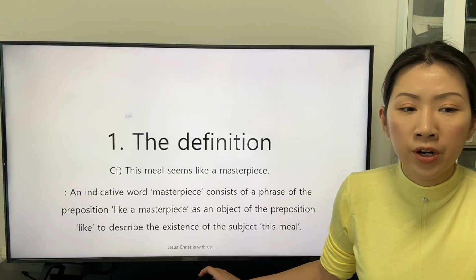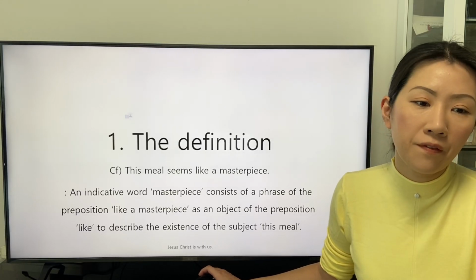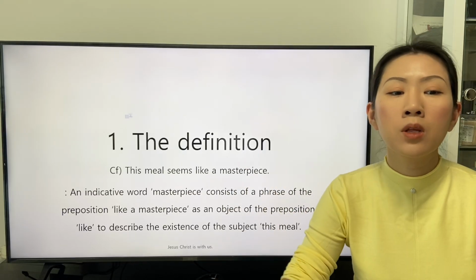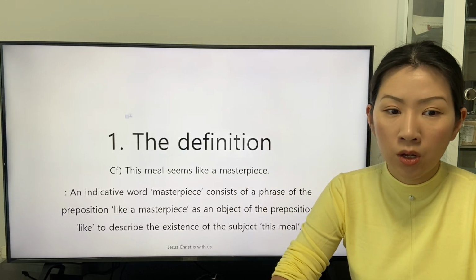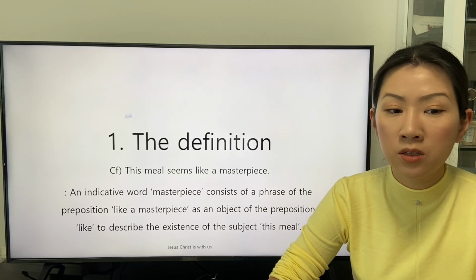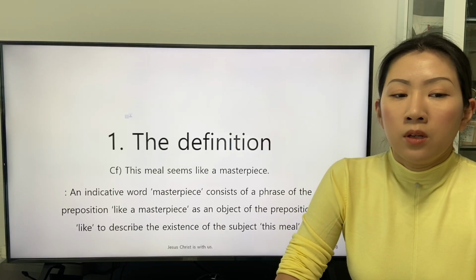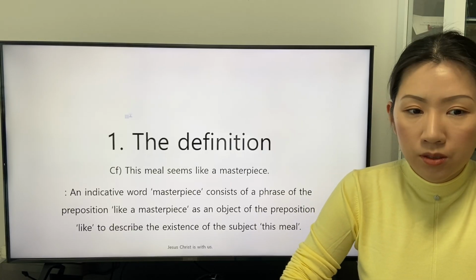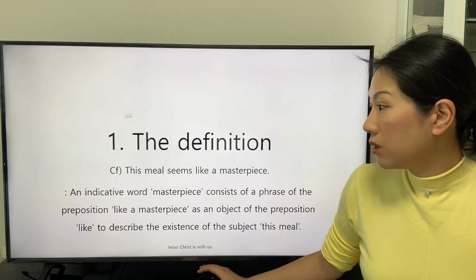There is a comparison. This meal seems like a masterpiece. An indicative word, masterpiece, consists of a phrase of the preposition like a masterpiece, as an object of the preposition like, to describe the existence of the subject, this meal.